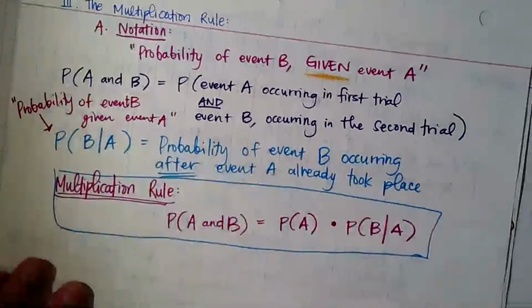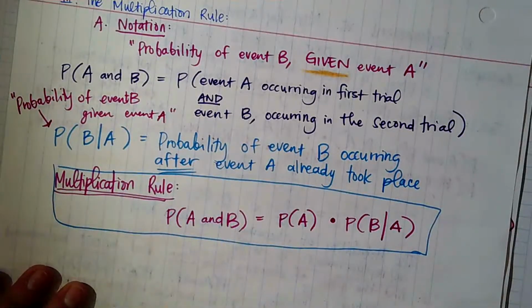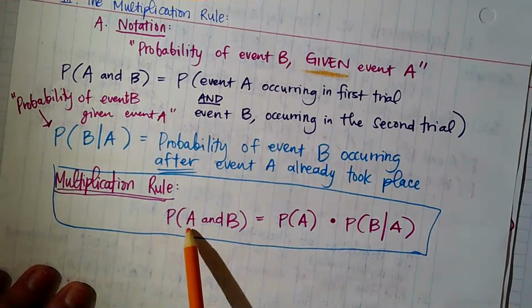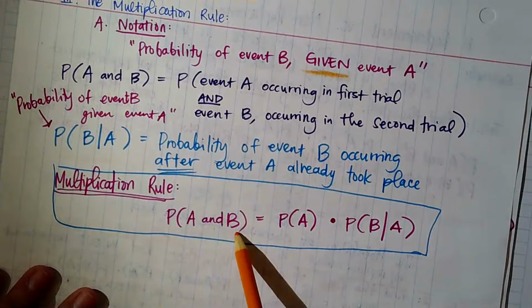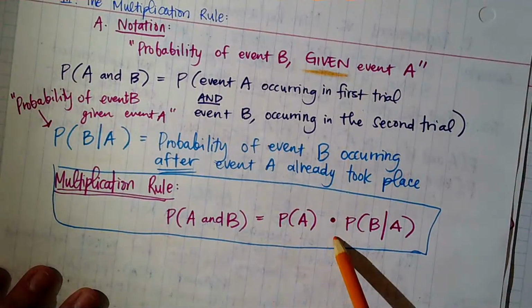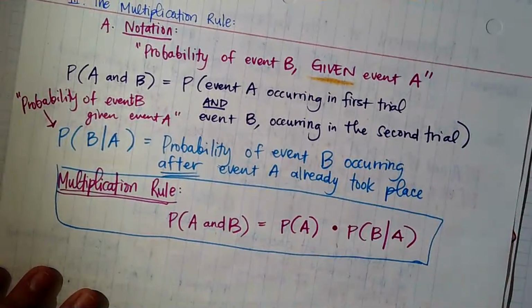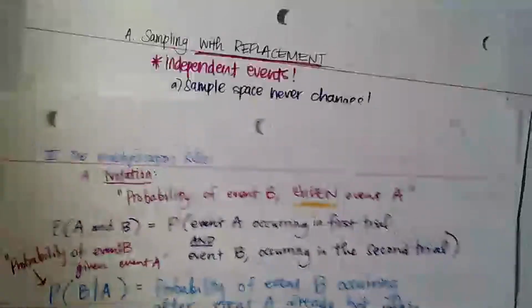And this is what the multiplication rule says. In order to find the probability of the first trial going to A and the second trial going to B, I take the probability of A times the probability of B on the condition of A, after A occurs. That's the multiplication rule.